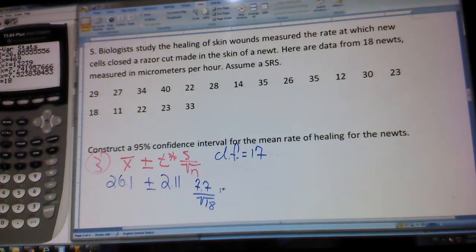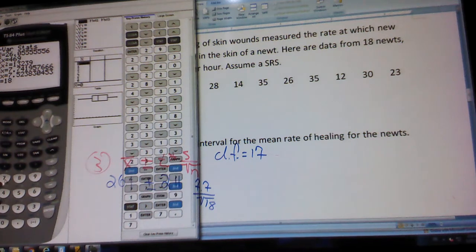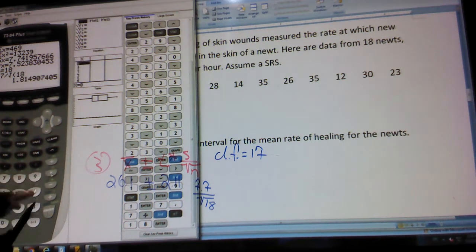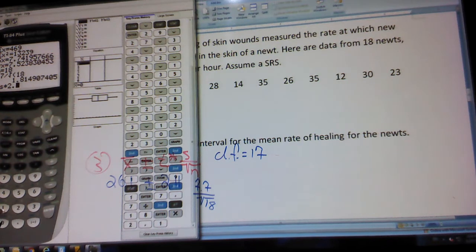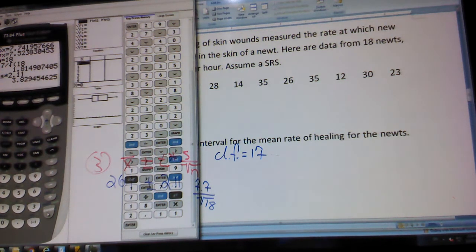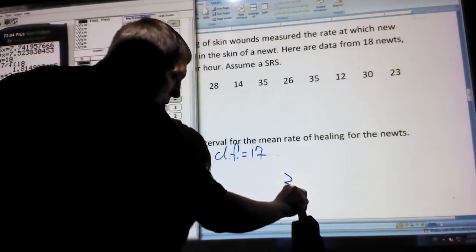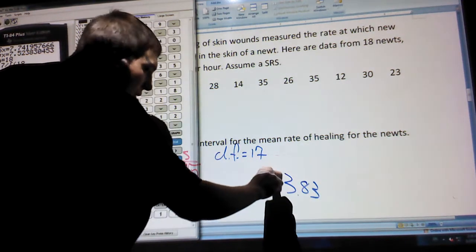So let's do some quick math. Number punching, 7.7 divided by the square root of 18 times 2.11 is 3.83. We call that the margin of error, 3.83.